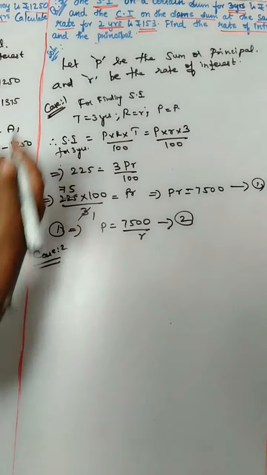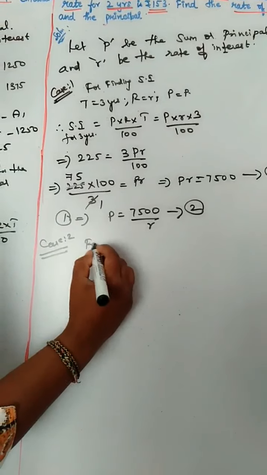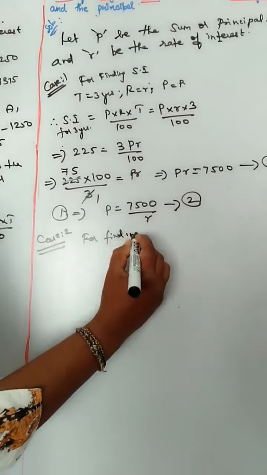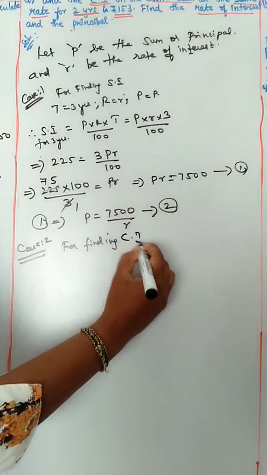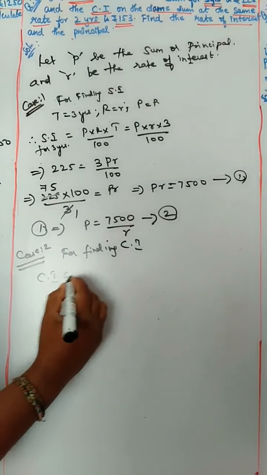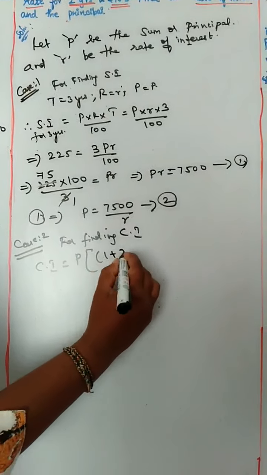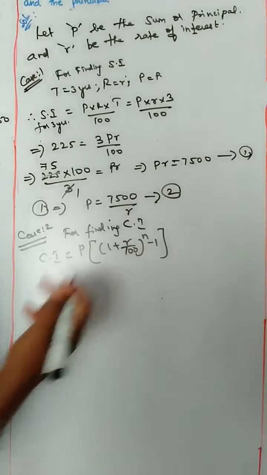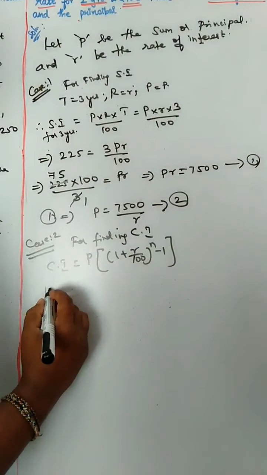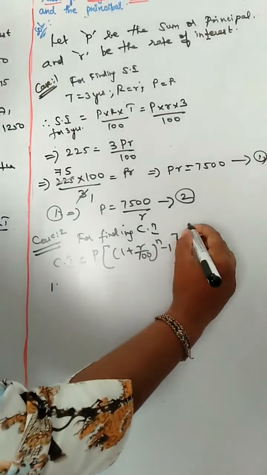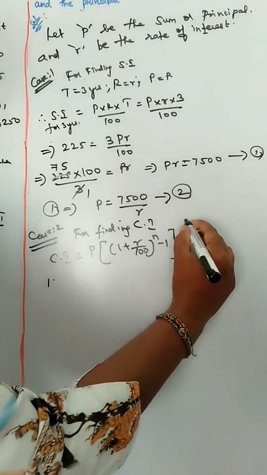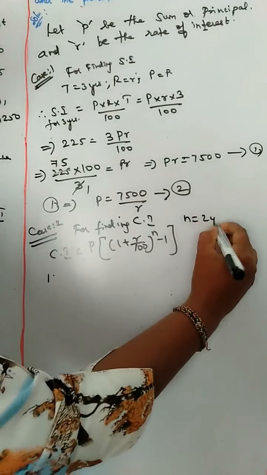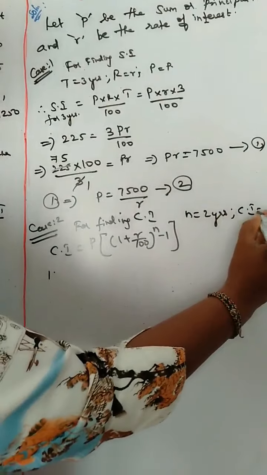What is case 2? That is CI, we want to find it. For finding CI, what is the CI formula? P into (1 plus R by 100) the whole power n minus 1, with P taken common outside. Here n is 2 years and CI is 153.